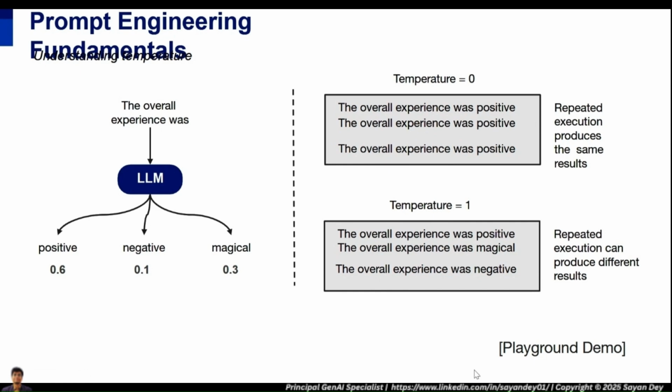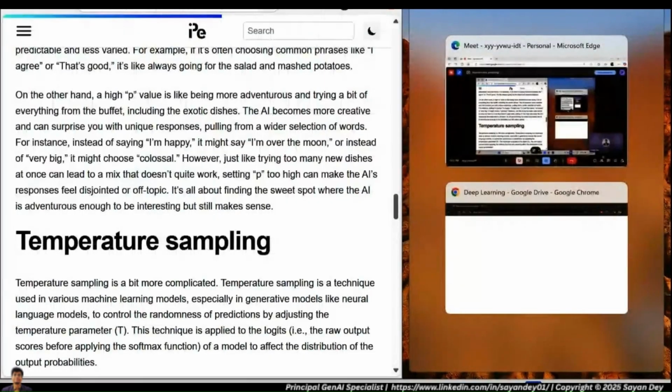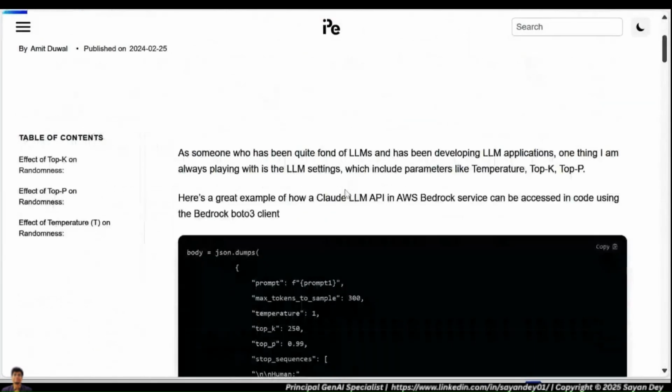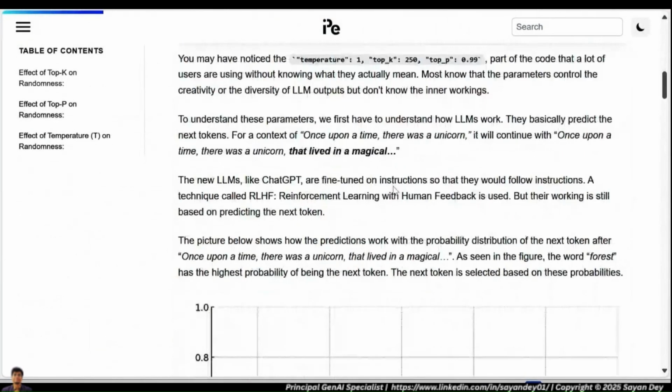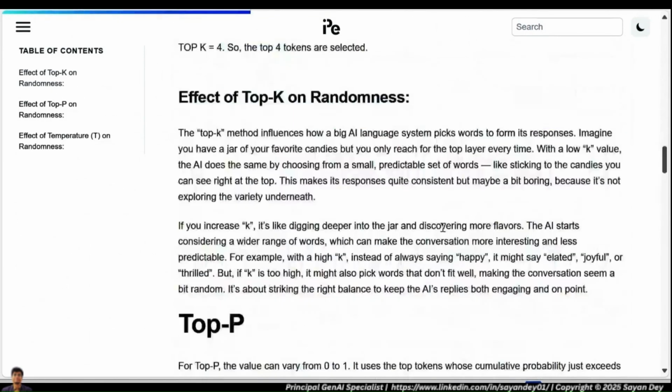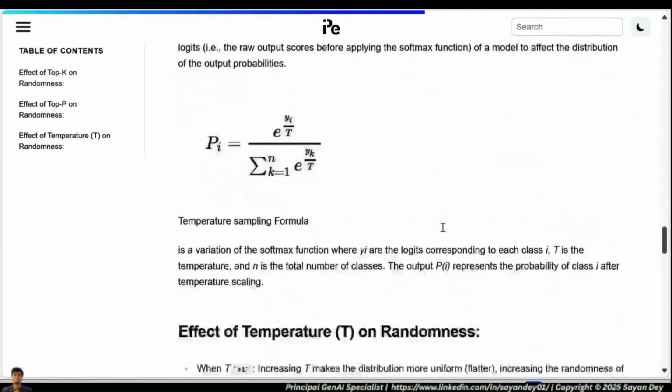You can see this one generally. There are a lot of articles, and there's one simple article that talks about it very nicely. Here is another small article that talks about what temperature actually is. Generally speaking, temperature equal to 1 means the variability of the language model is very high.